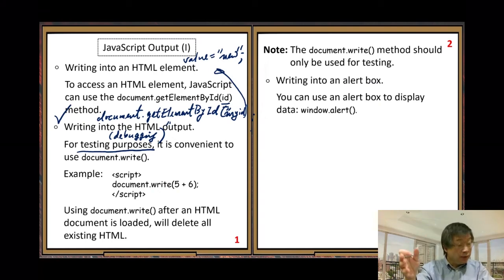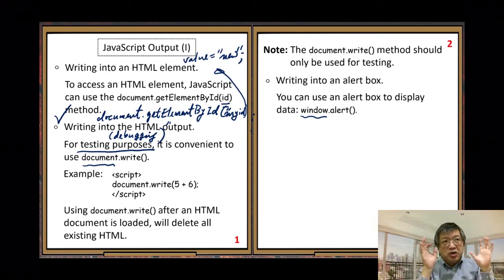The window.alert method. Window is another object name. You see the document object name, right? And there is a window object name. So what's the relationship? Window is higher than document; the document is below this window. Later we have a lecture on the DOM, the document object model.